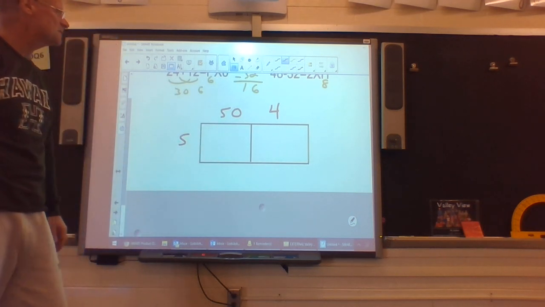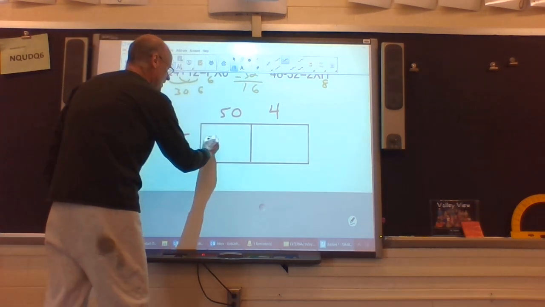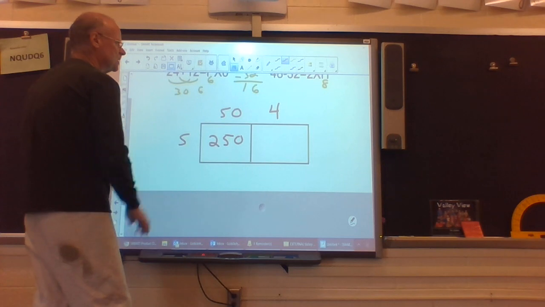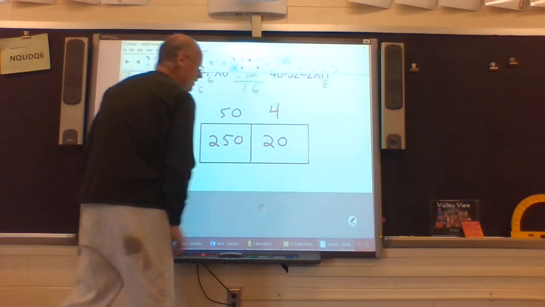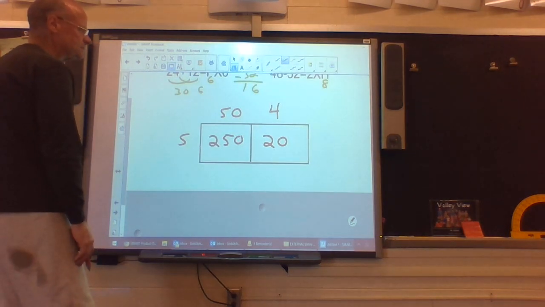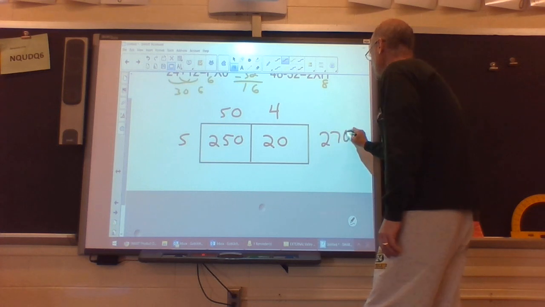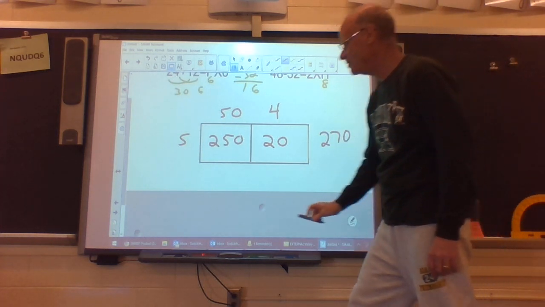We're going to do 5 times 5. 5 times 5 is 25, good. I have to tack that 0 on for that placeholder. 5 times 4 is 20. If I add those two together, I get 270. So 5 times 54 is 270.